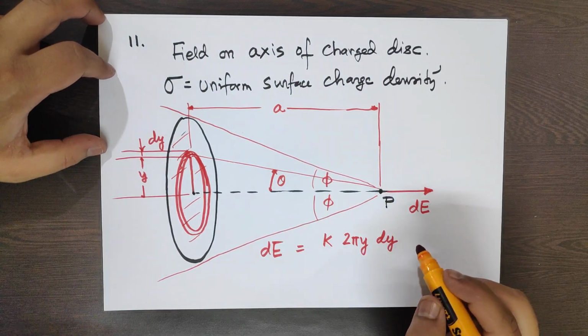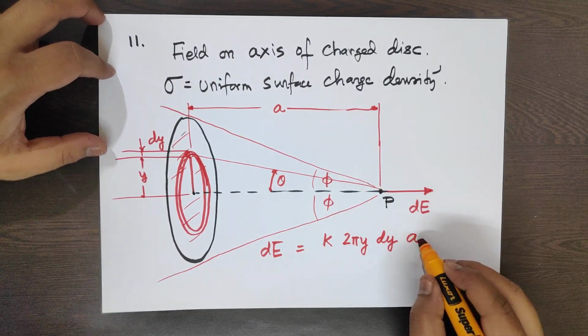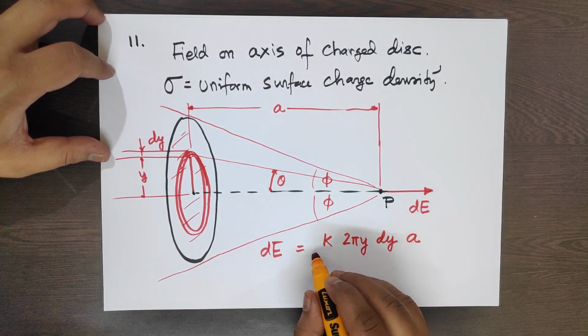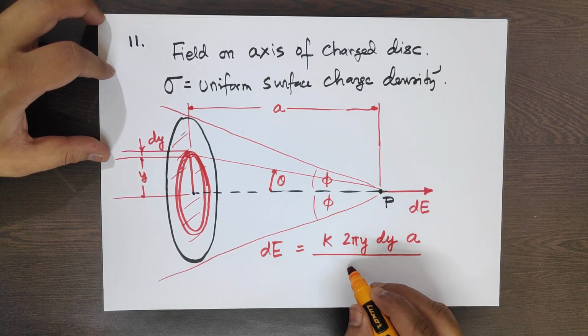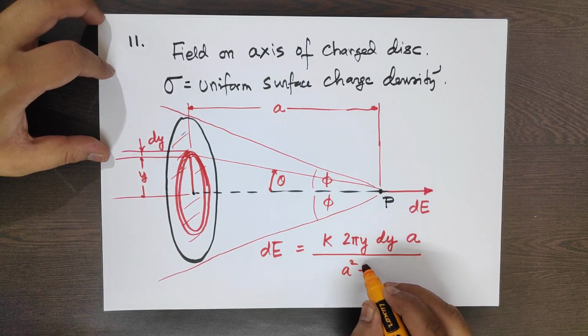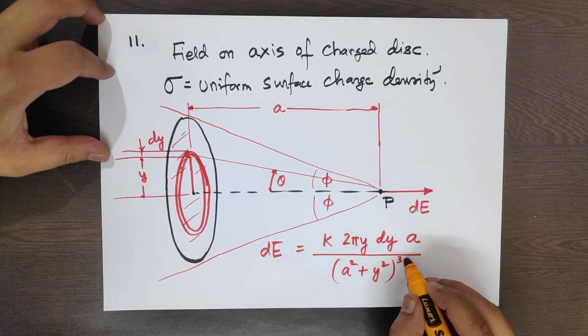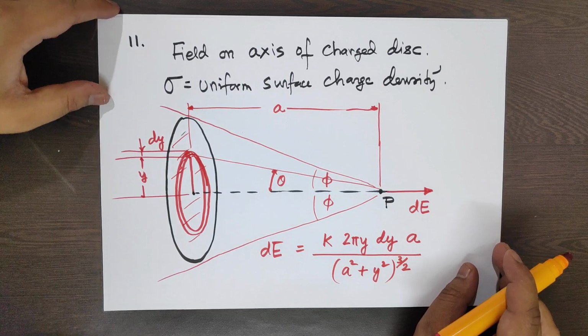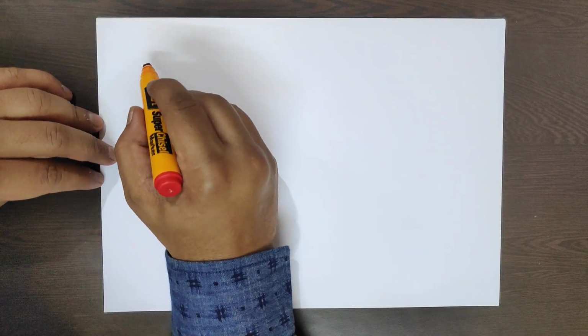So the field is k Q x, here a, divided by a square plus radius square to the power 3 by 2.